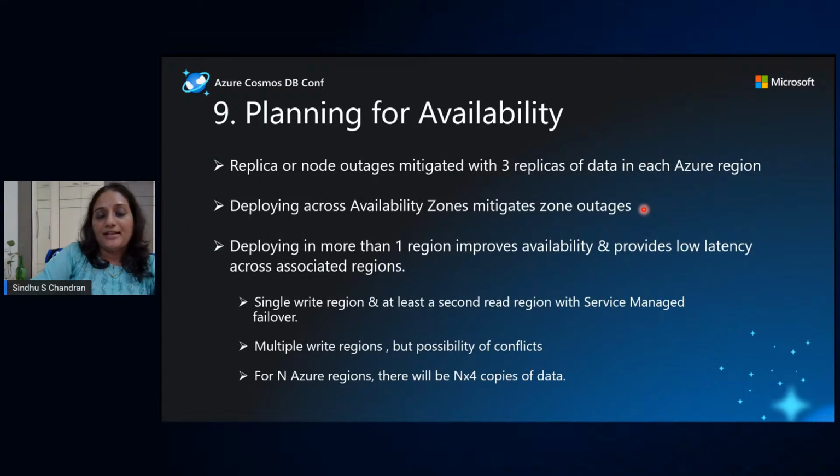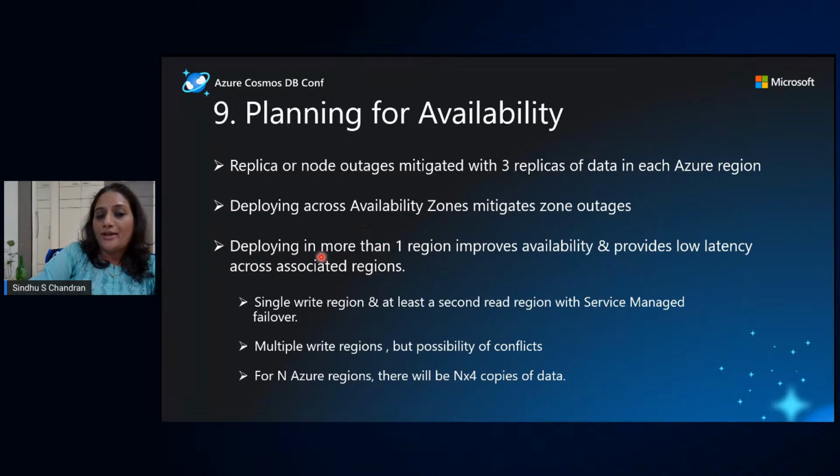And when it comes to availability, the node outages seem very well covered because there are guaranteed 3 replicas kept in each Azure region. To cover zone outages, there is an option to deploy across availability zones when you create the Cosmos DB account.